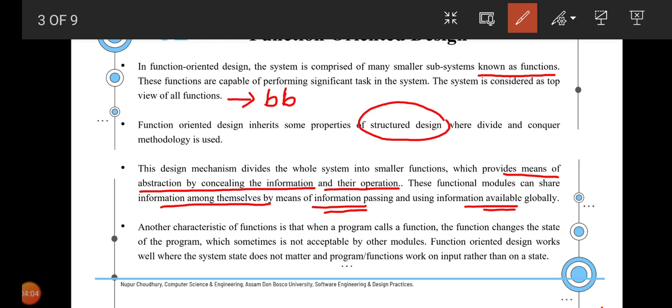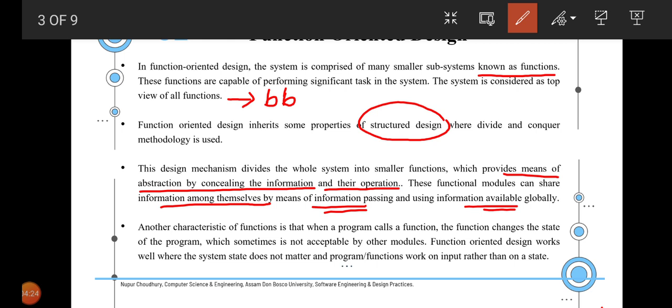Since it promotes abstraction to a great extent, it becomes easier to avoid any type of bugs or implementation issues which might be related to some other functions that are dependent on that particular function.